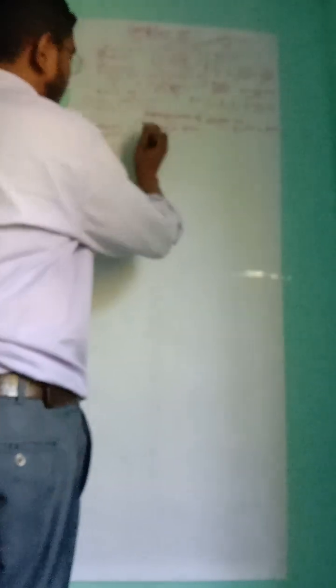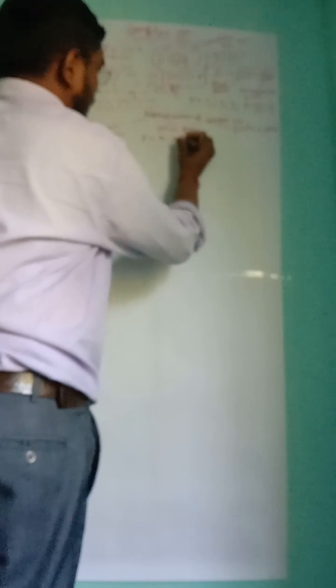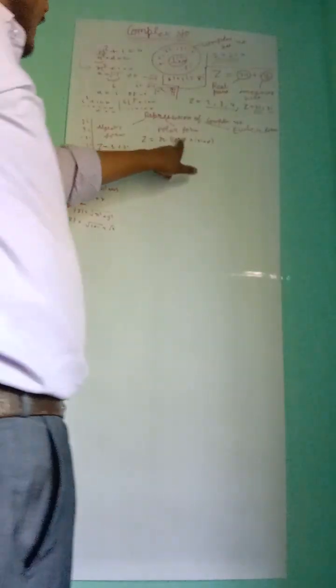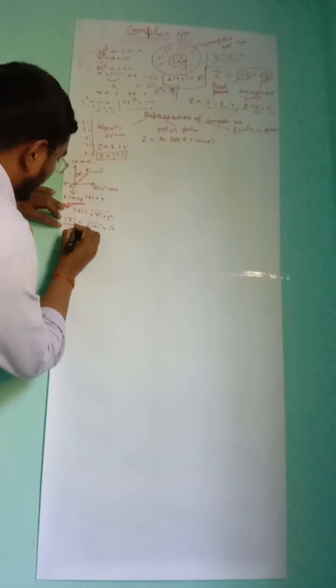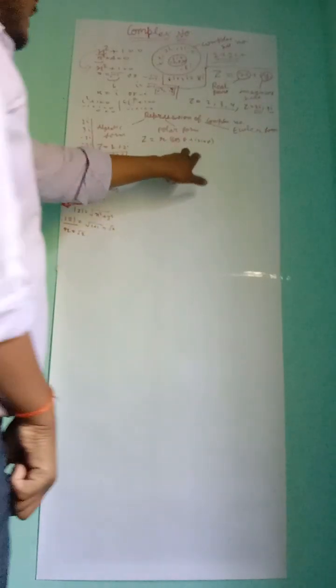Now how do we represent this? Z is equal to R cos theta plus i sin theta form. What is theta here? We already know modulus of Z is R, so this is root 2. But what is theta?